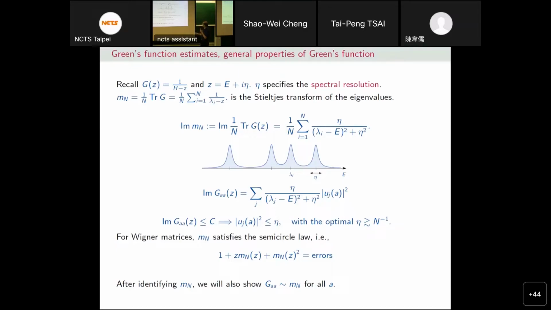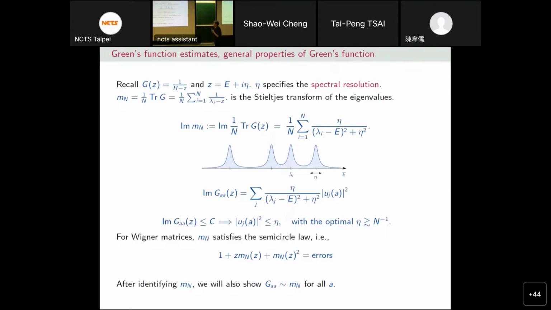When eta becomes bigger, it becomes flat and nicer. For the semicircle law, the standard approach is to find that this Stieltjes transform satisfies a quadratic equation. For Wigner matrices, you show that m_N satisfies 1 plus z m_N plus m_N squared equals 0, up to small errors.